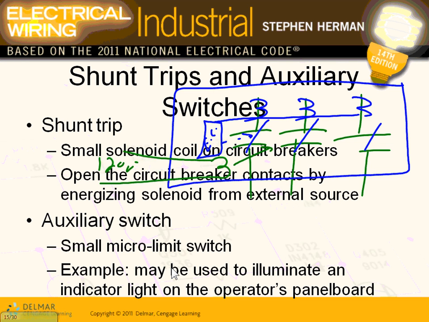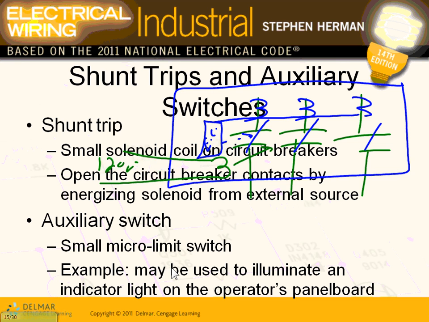So if there's a fire in that data center that you guys saw, remember that EPO, emergency power off button, that looks something similar to this? If there's a fire in the building, the firefighters walk in, and the first thing they do is push that button. When they push the button, they put 24 or 120 volts across the coil that's part of the circuit breaker of the PDU, and bam, bam, bam, they trip all the circuit breakers of all the PDUs for safety.